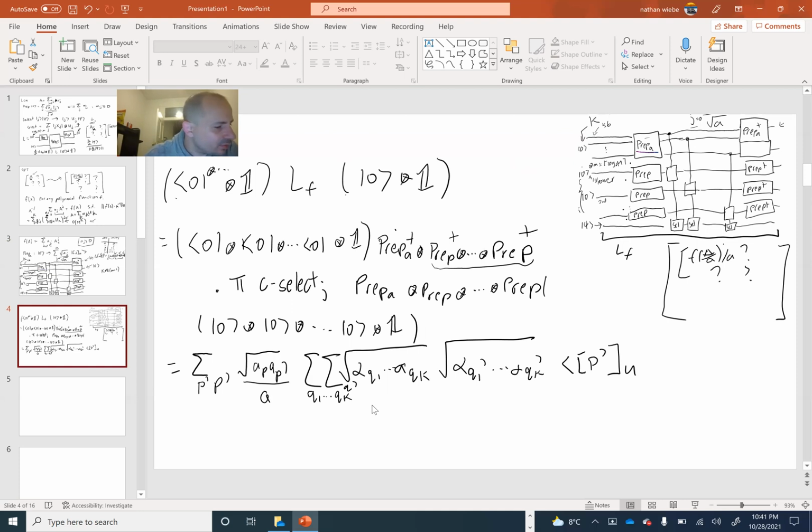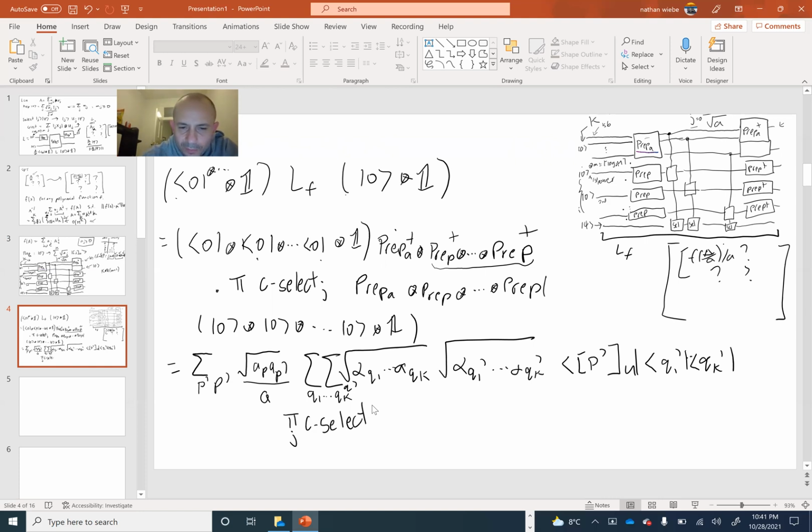But in any case, this is psi P U, and then we've got to deal with the values for all of the quantum states from the action of the ordinary preps. And these are just going to be Q1 prime through QK prime. Now, in the middle, we've got the controlled J operations that we end up having here, which are all of the form C select.